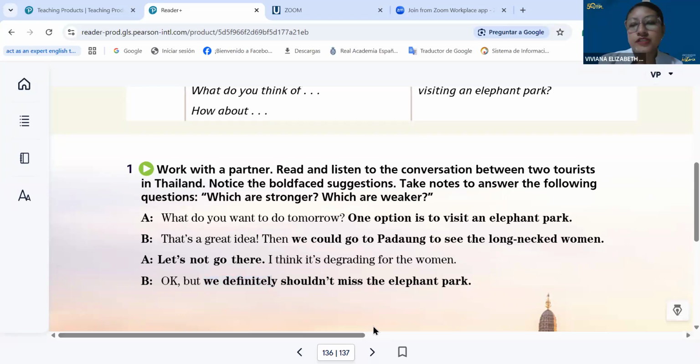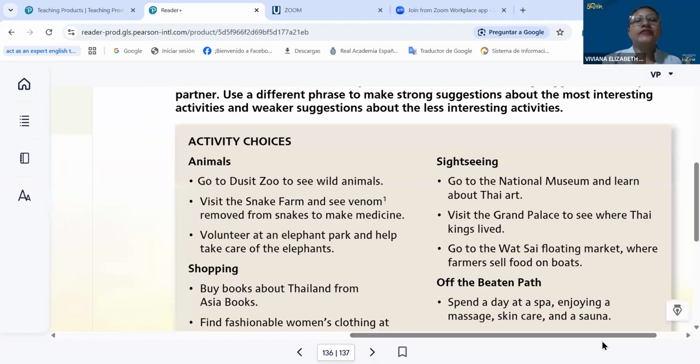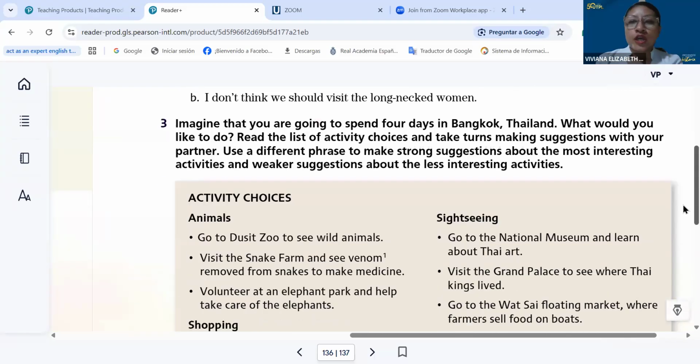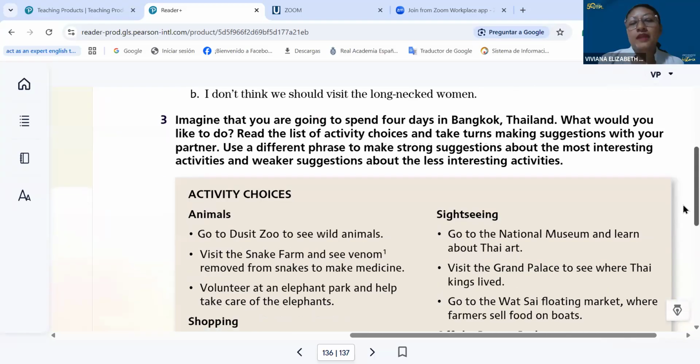Good job. Okay, dear students, so we have made the difference between strong and weak suggestions. Now, this is your speaking activity, so please pay attention. Imagine that you are going to spend 4 days in Bangkok, Thailand. What would you like to do?